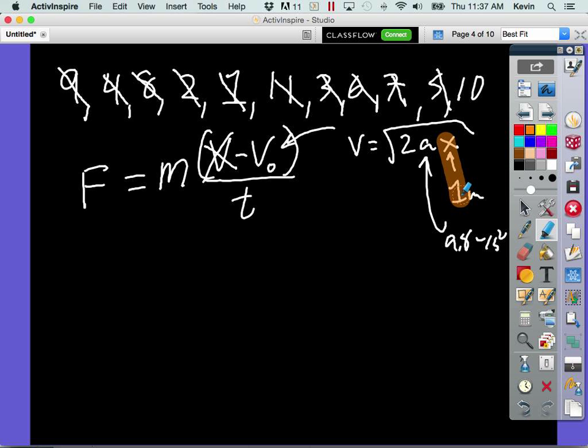So that's a way you can check that. And then the time is a source, but that's pretty accurate, right? These are very, very tiny time increments. And then the mass is a source. So those are your 3 areas of error.